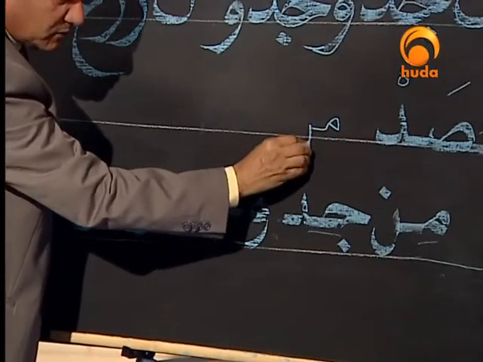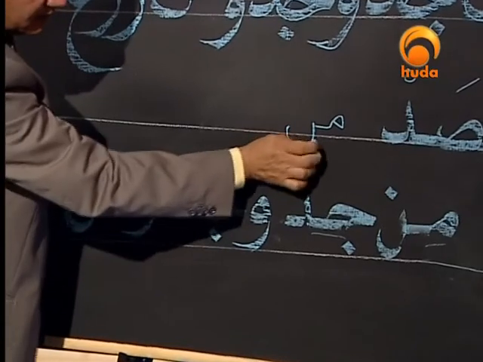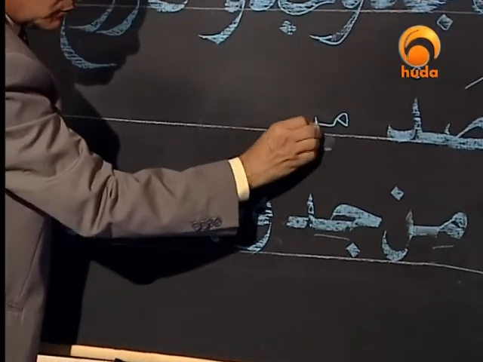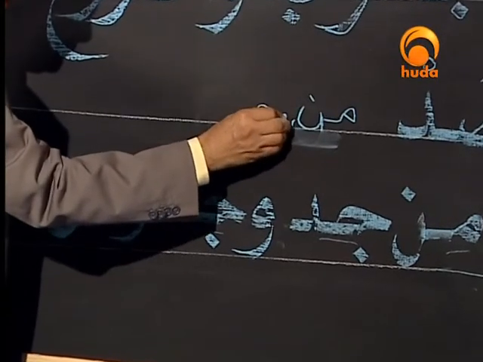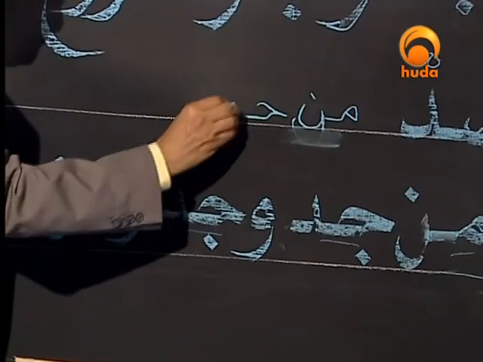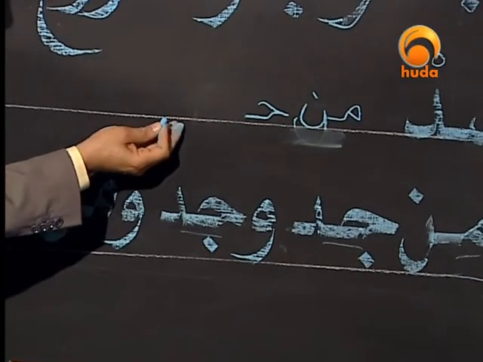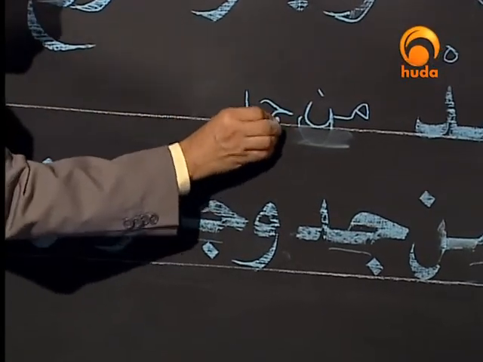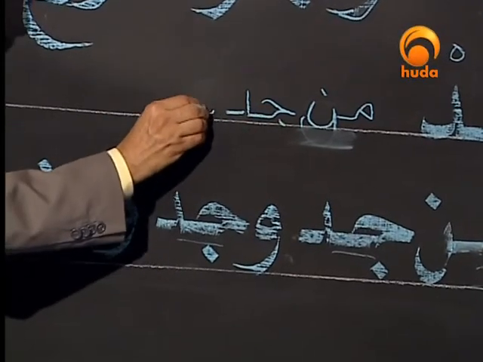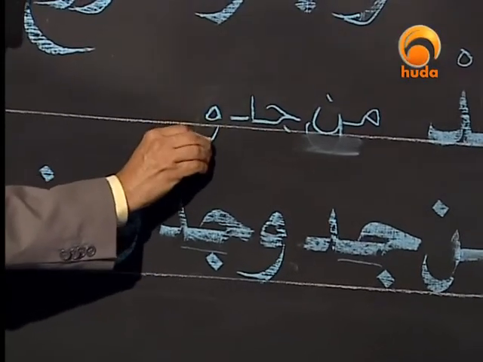Noon will come below the line or on the line. So it will be like this. Jim on the line also. Just only follow the line. Don't go up, don't go down. The dot and the waw, the other part will be below the line.